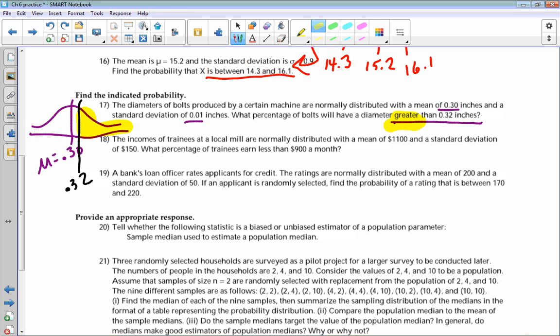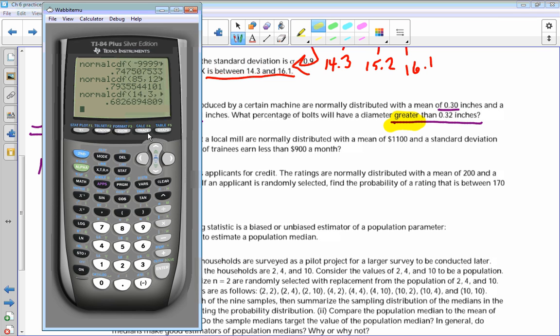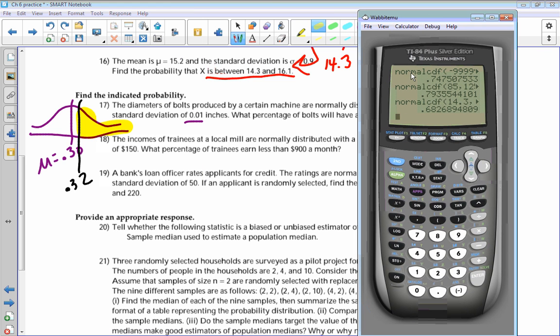Once I have my picture drawn, it's very easy then to enter the numbers into the calculator. Second distribution. Again, my lower end now is going to be 0.32, and I know my upper end is 999,999, and my mean is 0.3, and my standard deviation is 0.01.